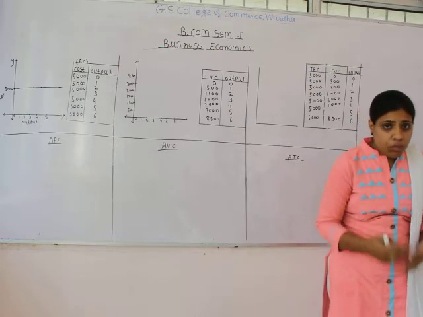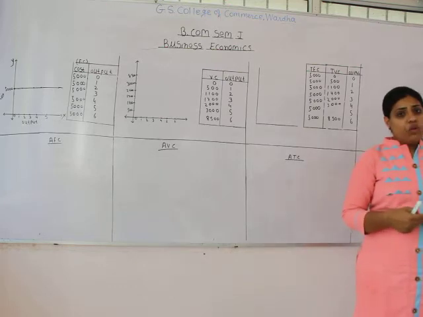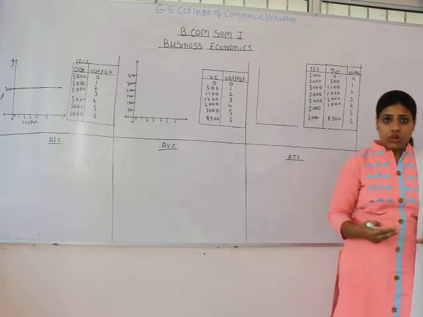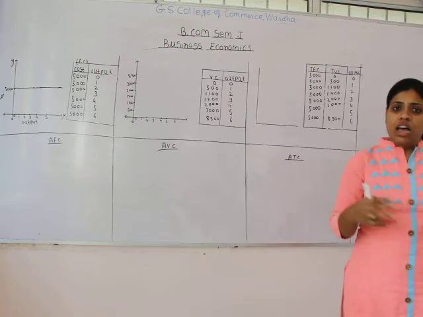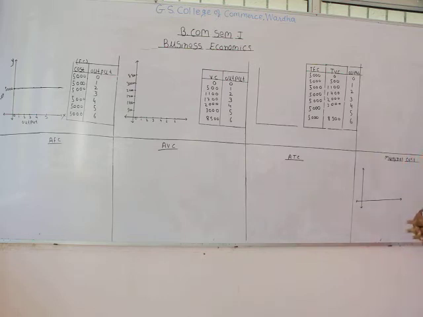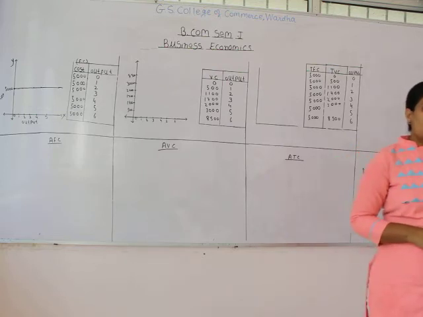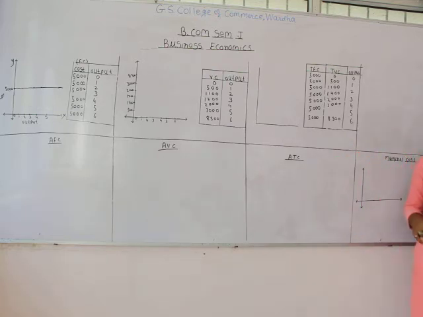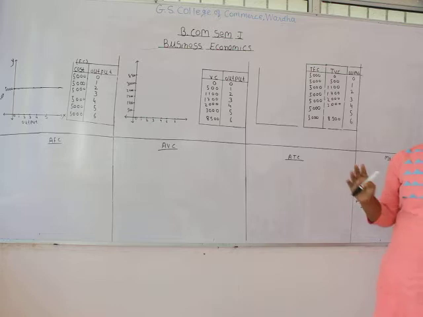If you are producing more, you will require more raw material. If you are producing more, you will require more labor. The cost of this raw material and this labor is known as variable cost, because when the output increases, the variable cost also increases, and when the output declines, the variable cost also declines, and at 0 level of output, you will find variable cost is nil.